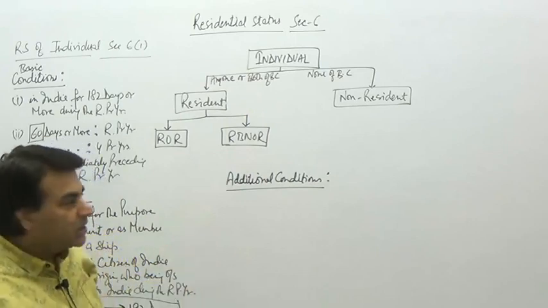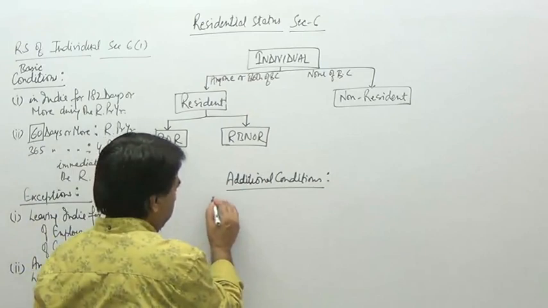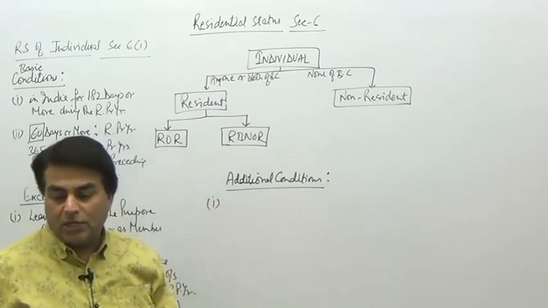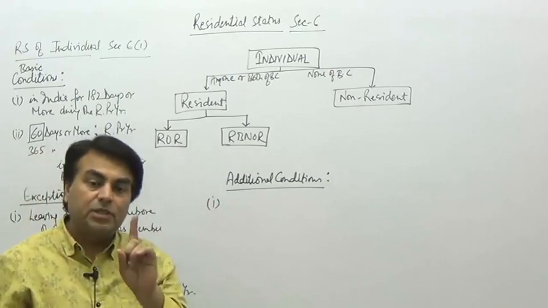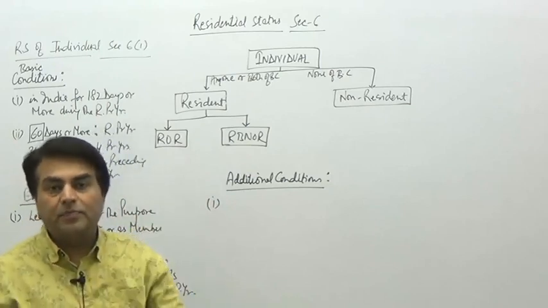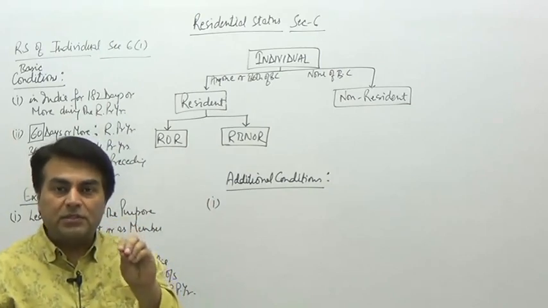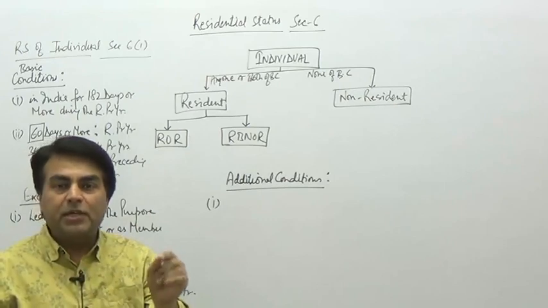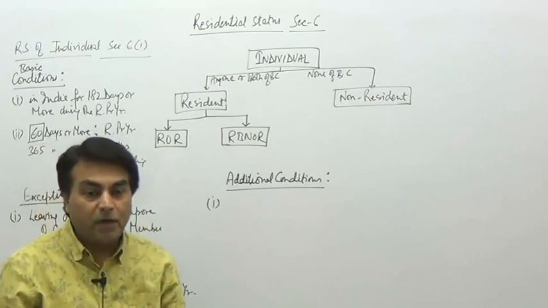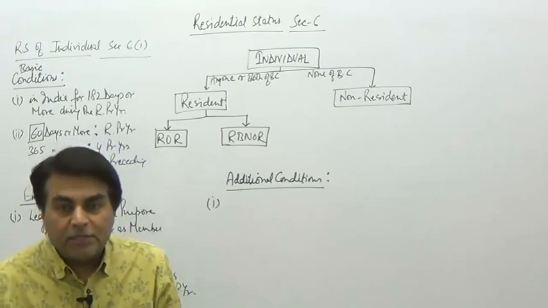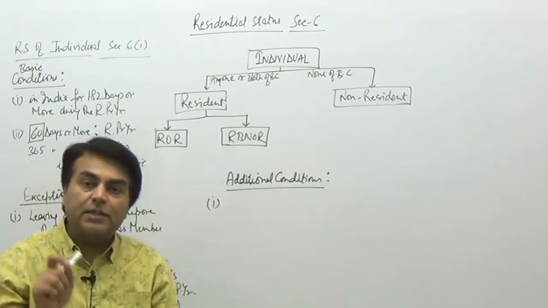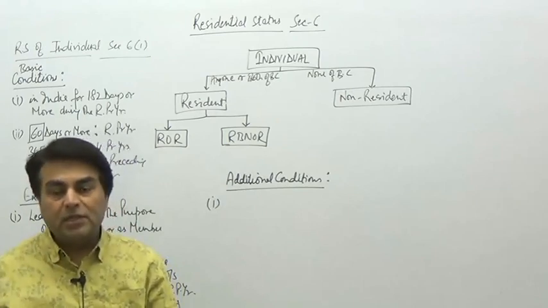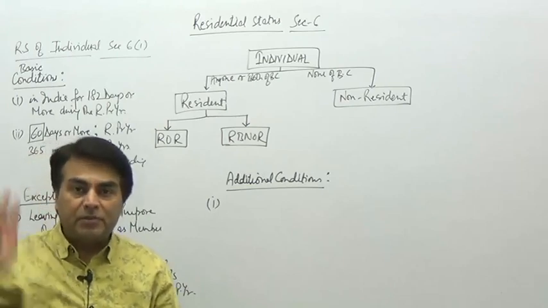Now the additional condition number 1 says that he is a resident in India for at least 2 previous years out of 10 previous years immediately preceding the relevant previous year. I will repeat. The first additional condition is that he is a resident in India for at least 2 previous years out of 10 previous years immediately preceding the relevant previous year.